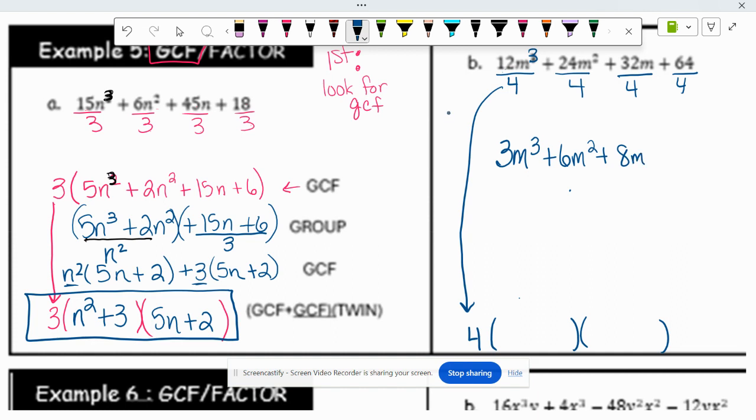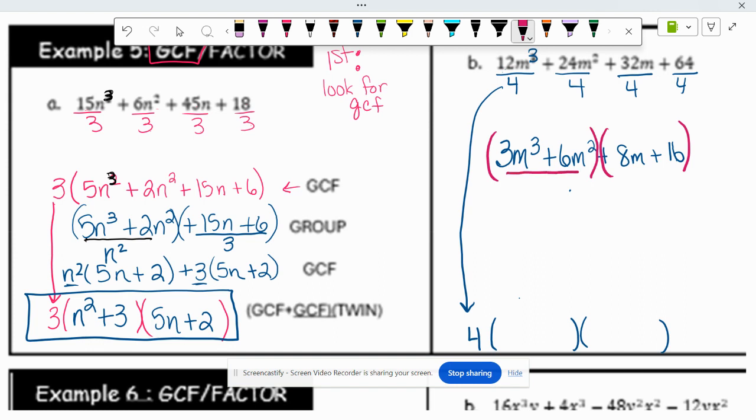And 64 divided by 4 is 16. All right, so we've taken out our GCF. Now we have to group it into 2 binomials.